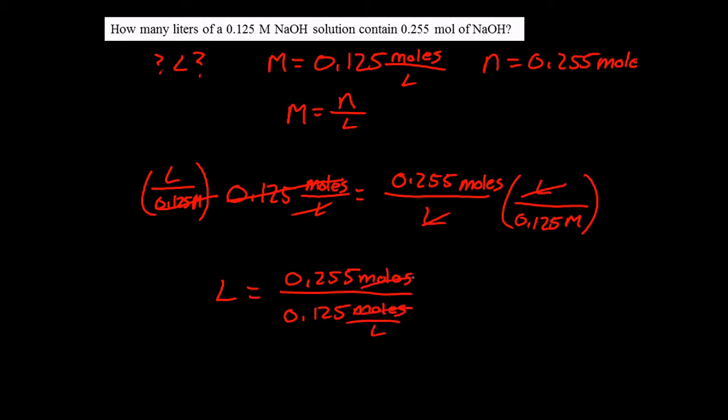Those moles are going to cancel out, and if we do that math, it's going to be close to 2.04 liters. That would be the volume of that solution, given that we had 0.255 moles and the concentration was 0.125. All right, I hope that made sense.